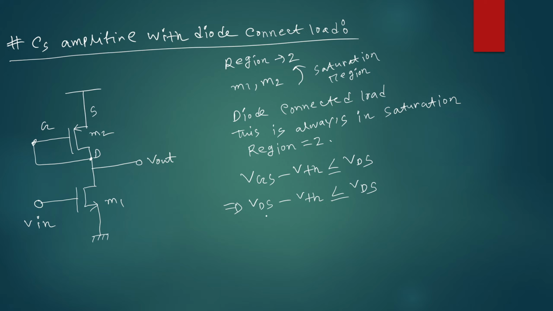If you subtract something from VDS, you always get a lesser value than VDS. So your MOSFET is always in region 2, that means in saturation region.